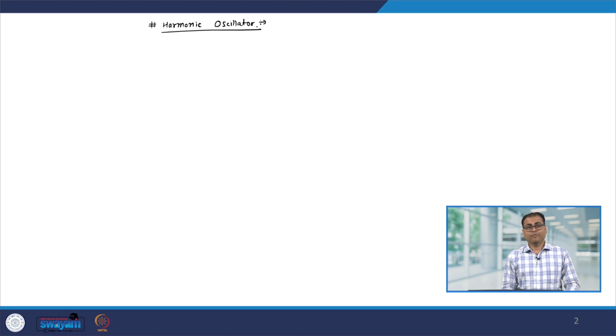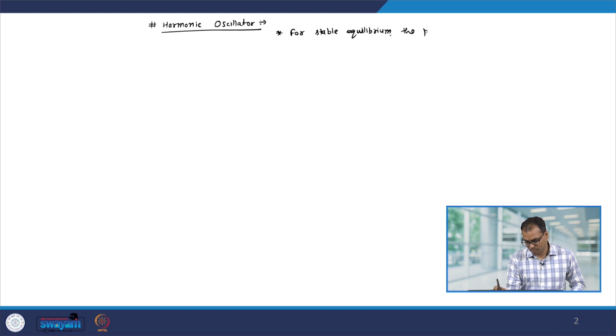So remember, for stable equilibrium we have discussed that the potential energy should be minimum. Okay. So this we already know that for a stable equilibrium the potential energy should be minimum.